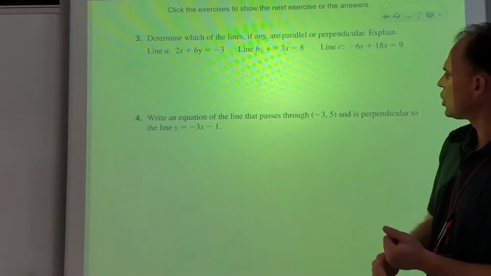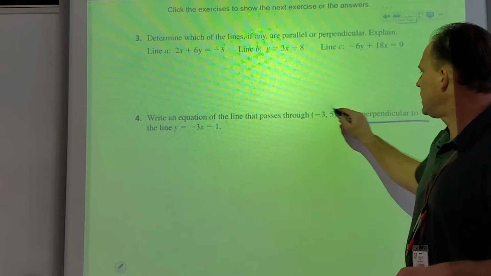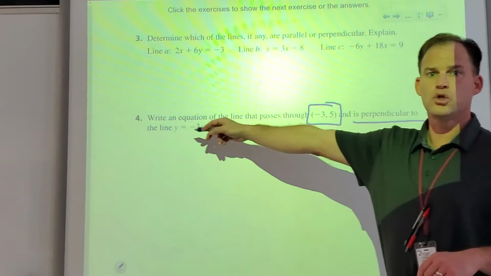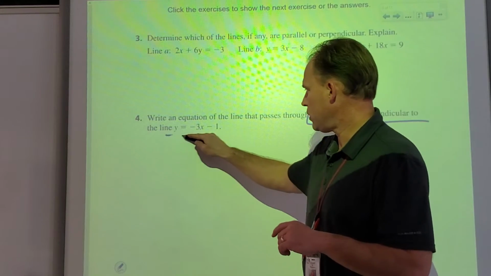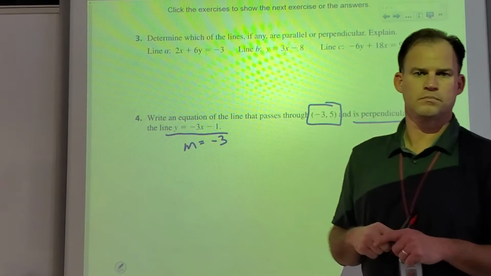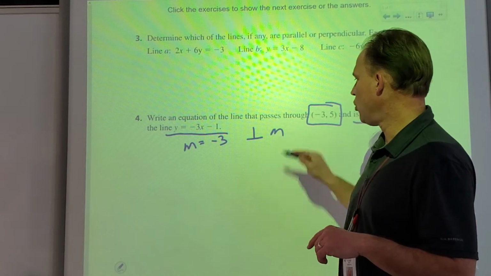All right, so what if I tell you a point and I am perpendicular to a given line? Well, I look here, what's the slope? What would a perpendicular slope be?